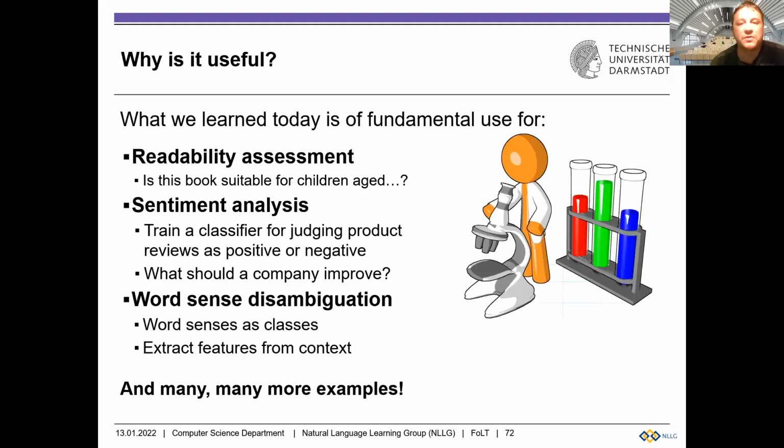So why is what we learned today useful? We can use that for many classification tasks. So here are a couple of classification tasks. Readability assessment is a classification task. Is this book suitable for children aged whatever? So that's a binary decision, maybe. Sentiment analysis, where you would judge whether a tweet is positive or negative.